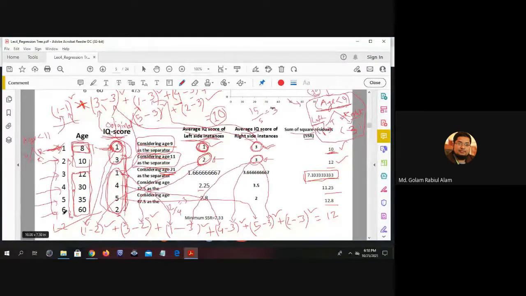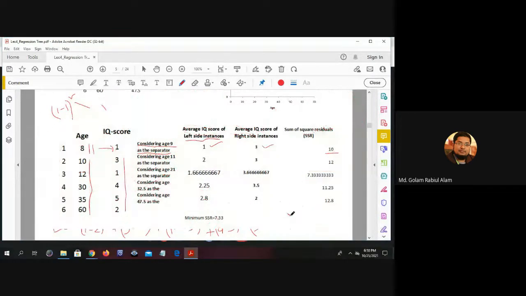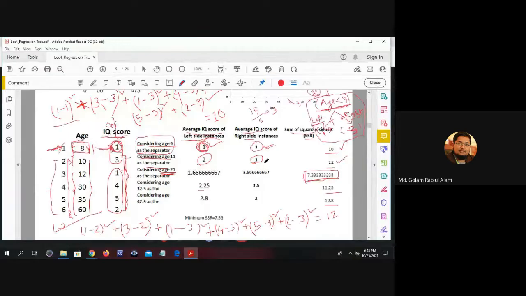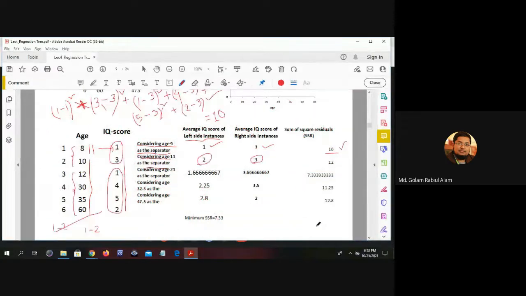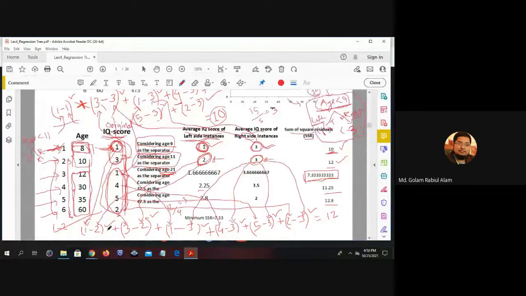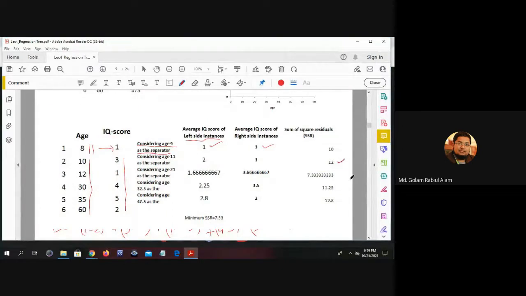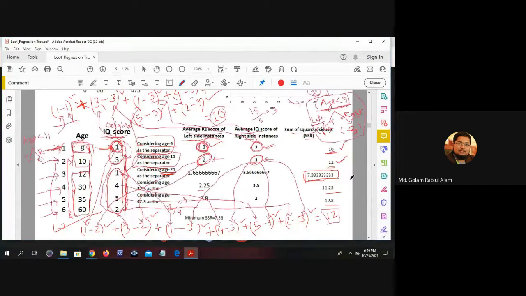And for the last one, the original IQ score is 2 and the prediction is 3. So take this part, and now if we do the math, we will get 12. So here is the 12. The sum of the squares is 12.